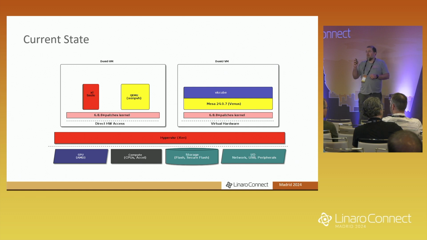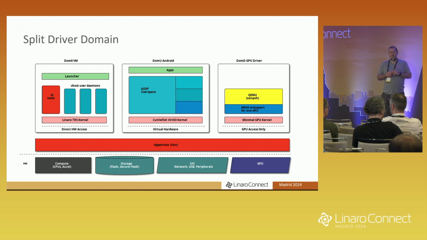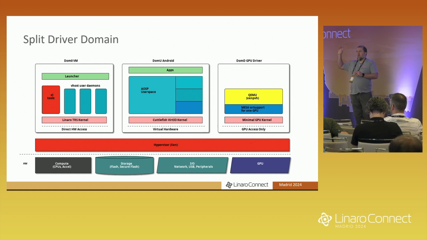And finally, just to give a bit of the vision of the future, one of the arguments the native context people make is the GPU stack is quite a complex beast. You're doing quite a lot of user processing of all this untrusted data, and the argument the native context folks make is if you put that all in the guest, then at least if there's a problem, it's only the guest that gets compromised.